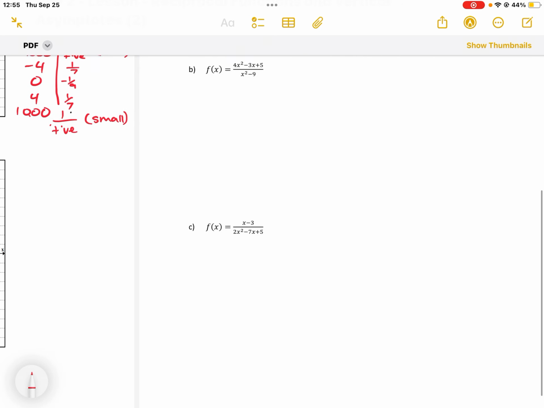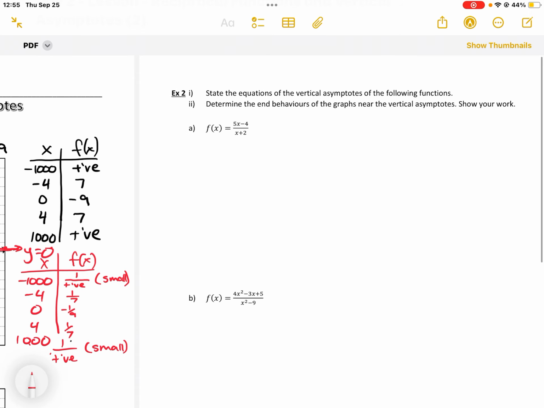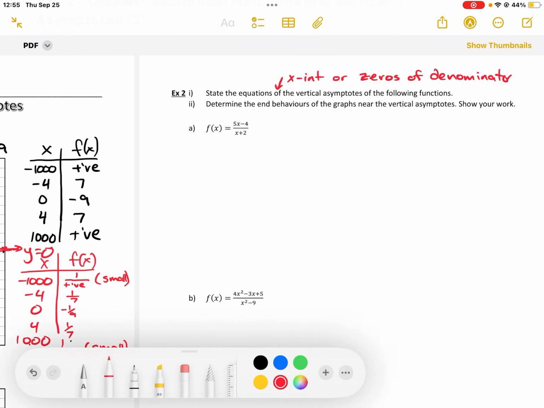This one we will do in class. And then these 3, I'm asking you to find the vertical asymptotes of the following function. We know that this is the x-intercept or zeros of the denominator. And so in order to find my zeros, all I'm going to do is set the denominator equal to 0 and solve to find the vertical asymptotes.